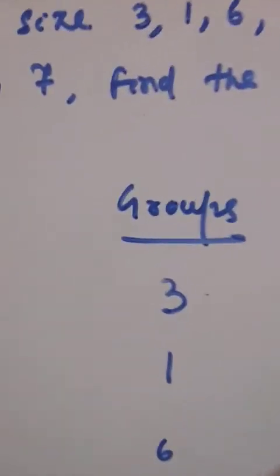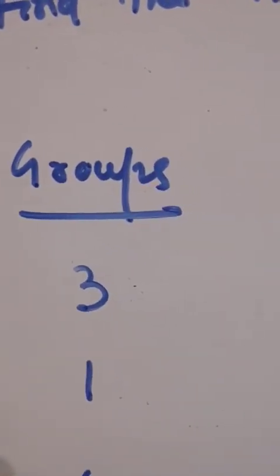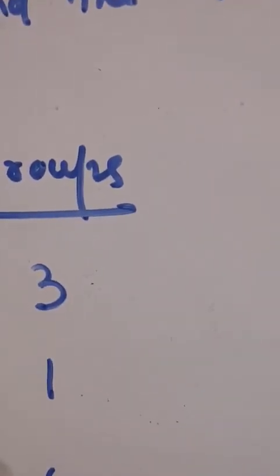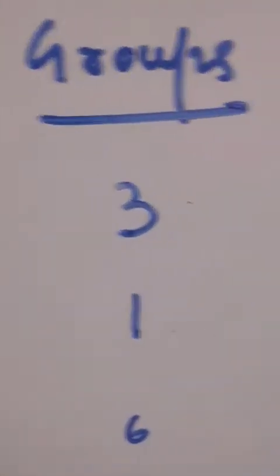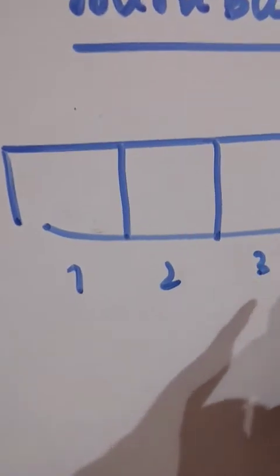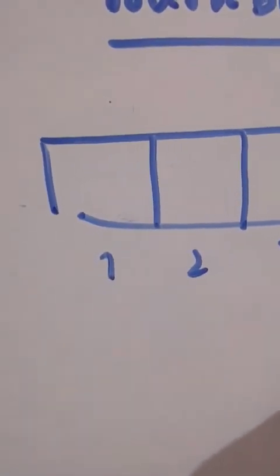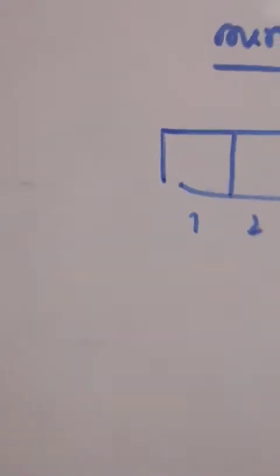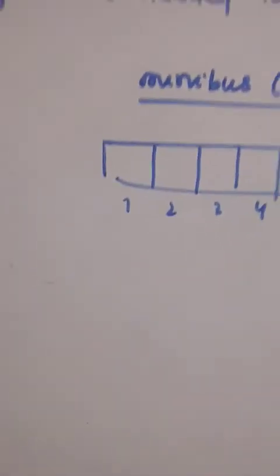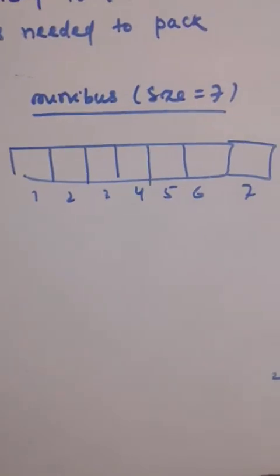Now we know that the minibus size is 7. So let me draw a diagram of size 7. The bus having 7 seats, the size is 7.